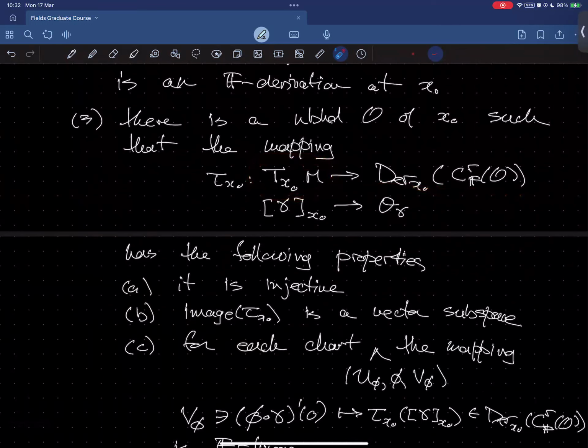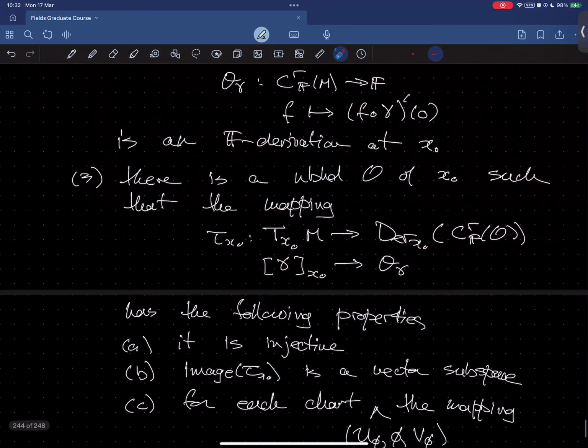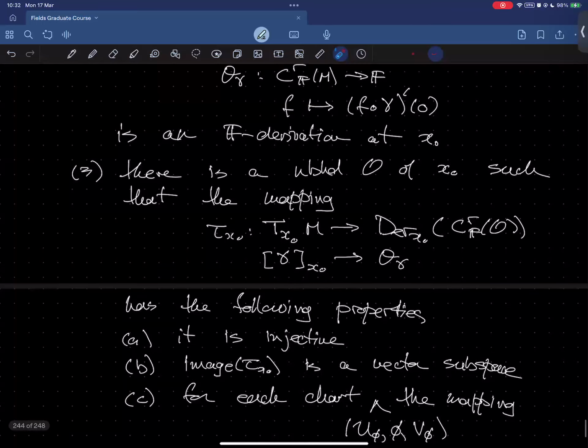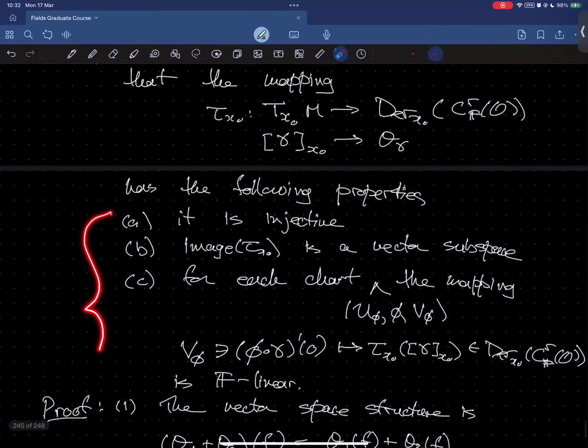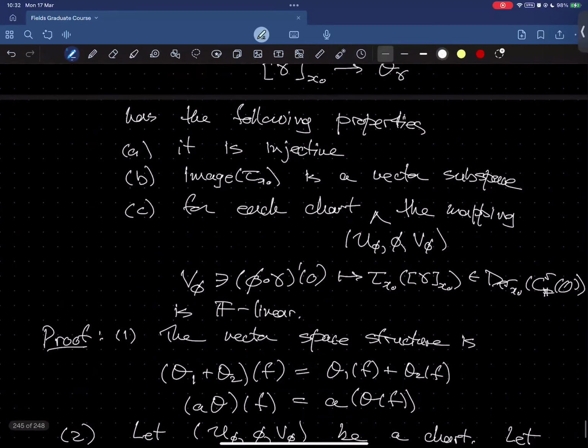Okay, and what does this thing do? It takes an equivalence class of curves with a representative gamma, and it maps it to this derivation from part two, theta of gamma. Okay, and I'm going to show that in some neighborhood of x naught, it has these three properties.